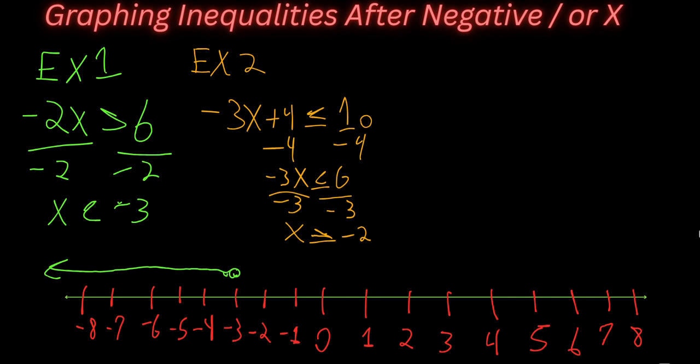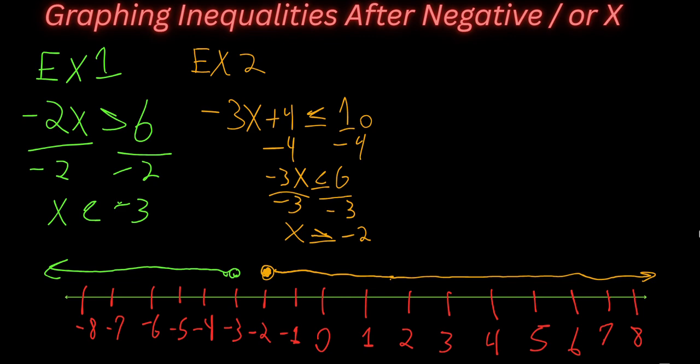A filled circle means equal to, so -2 is filling that circle up. It stretches on and on and on, way past 8 into infinity.